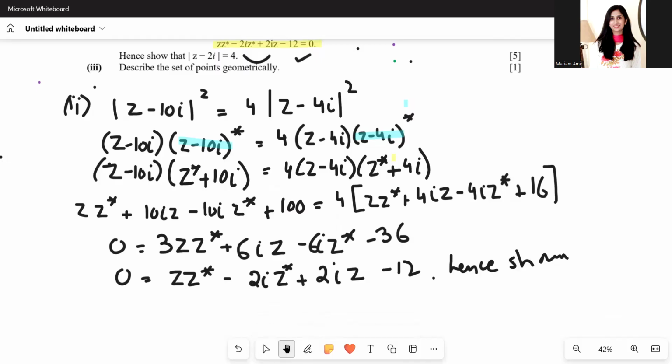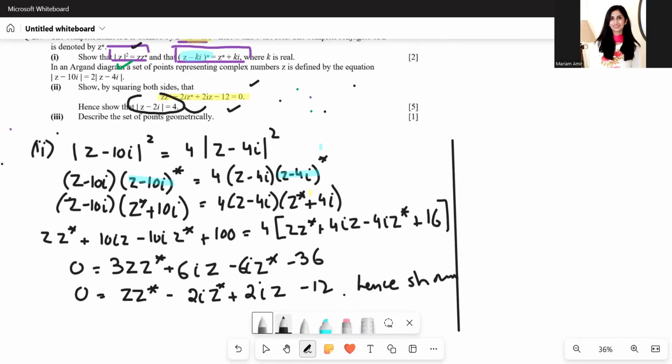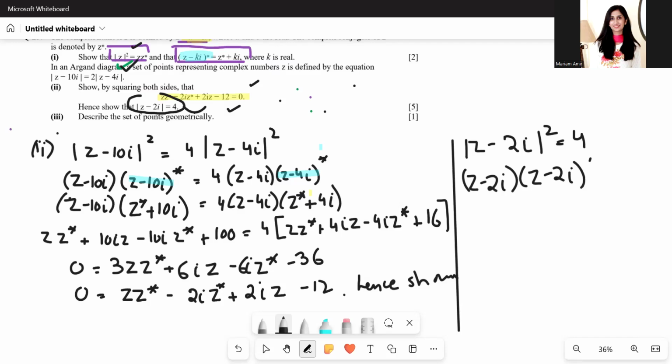Next part. Hence show that modulus of z minus 2i equals 4. Again, we're going to start by squaring both sides. Modulus of z minus 2i whole squared equals 4. For squaring, we're going to use this, z in one bracket and z conjugate in the other, and we have to show it would be equal to 4.